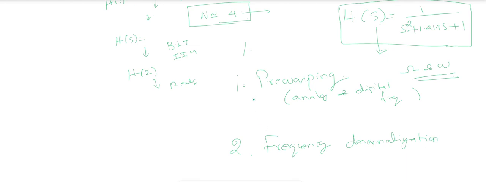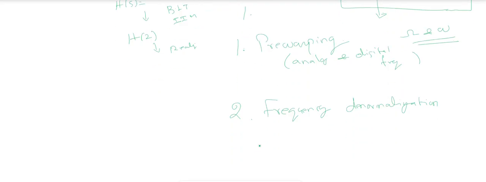First pre-warping, then convert the normalized low pass prototype into low pass, high pass, or band stop, which is called frequency denormalization. Then convert this analog transfer function into the digital transfer function H of z by using either the bilinear method or the impulse invariant method.